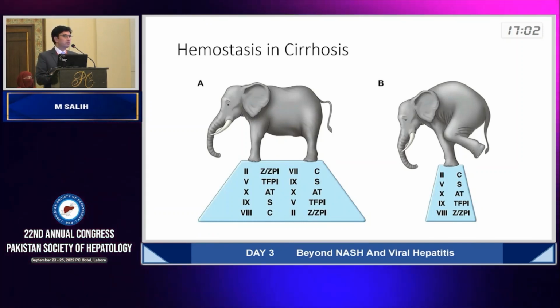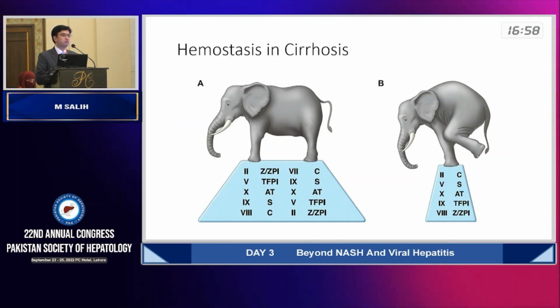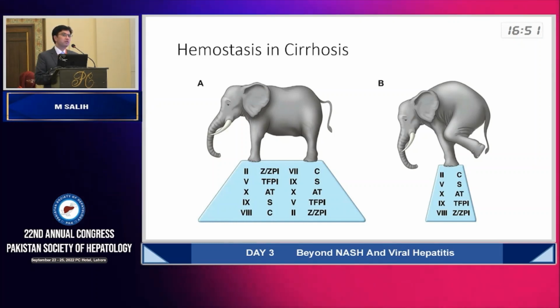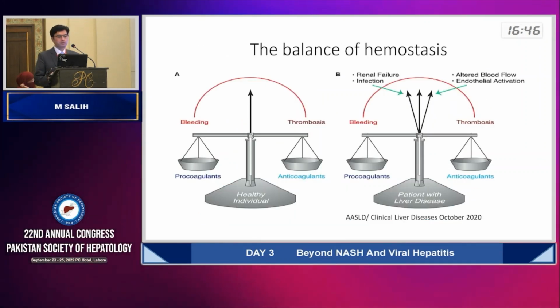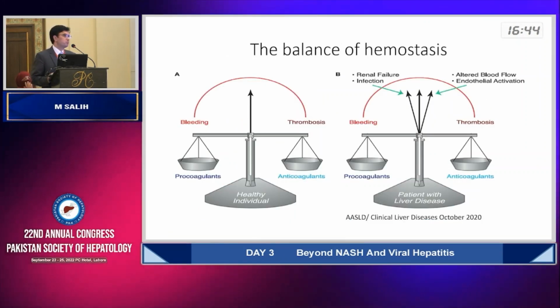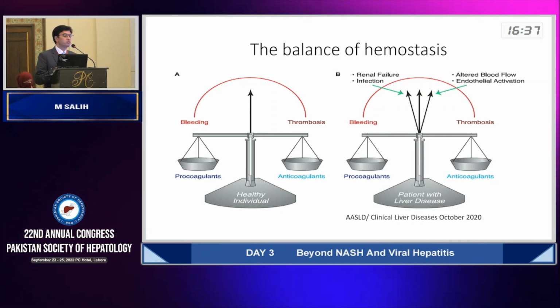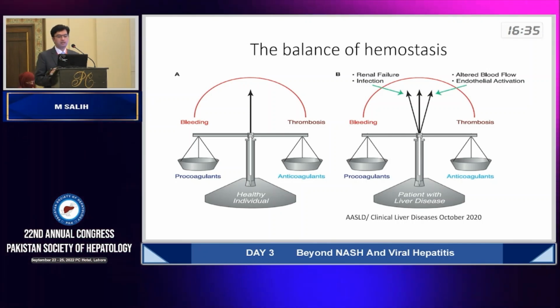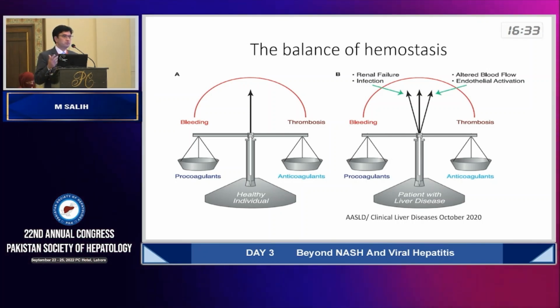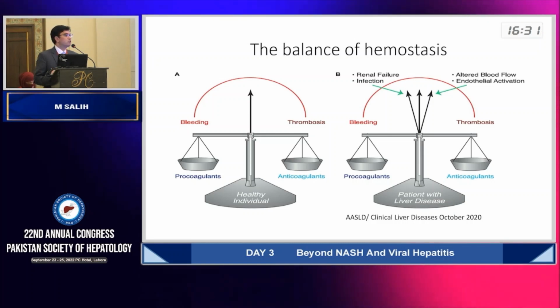By this cartoon, one can say that in the healthy liver, we have a much bigger area to maintain the balance, but even in cirrhosis this balance is maintained, though one can see how precariously it is maintained in cirrhotic patients. And there are factors which may tilt the balance in cirrhosis, either to the bleeding tendency or to more clot formation. For instance, if there is renal failure or infection, these patients would bleed more.